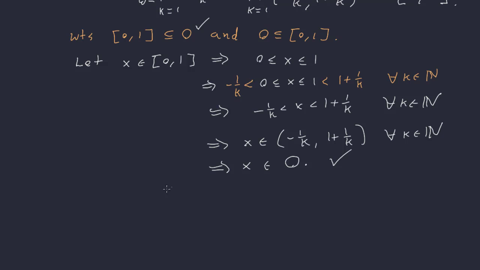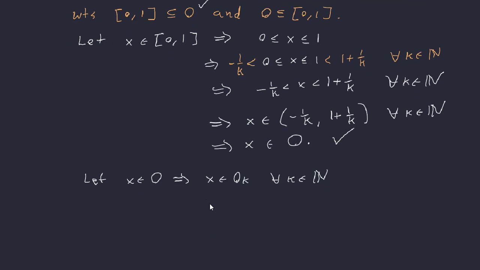Now for the next direction, I'm going to let x be in O, which means it's in O sub k for all k in the naturals. And this is going to be very similar. This implies that x is trapped between negative 1 over k, whoops, and I keep doing that, 1 plus 1 over k for all k in the naturals.